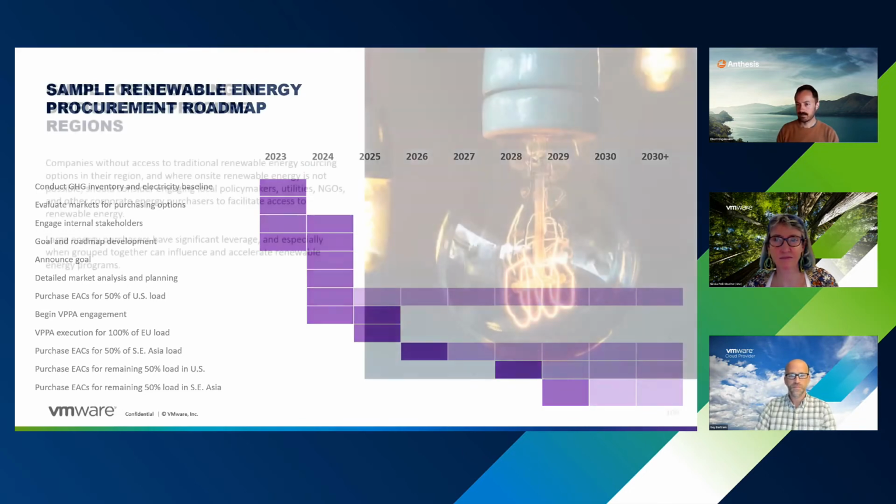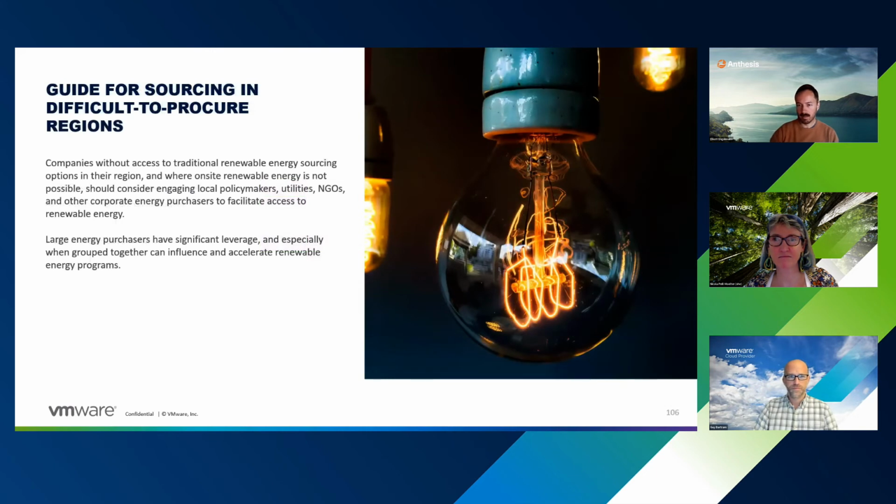I did want to mention, a lot of what we've been talking about are procurement methods and strategies in regions where it's easy to procure renewable energy, but you might not have that depending on where your facilities are located. And so part of your roadmap may need to touch on some of these difficult to procure regions.